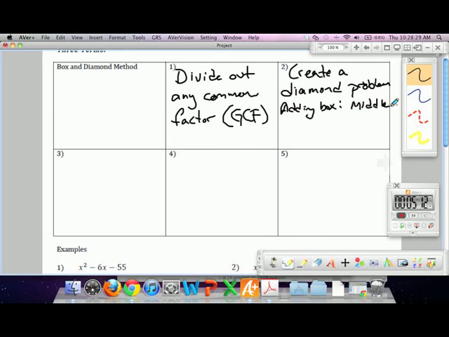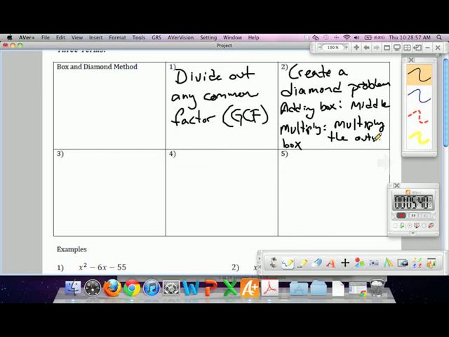In the multiply box, we'll multiply the outside terms. So the quadratic term, or the term with the x squared, and the constant term, the term with no variable. We'll multiply the outside terms.